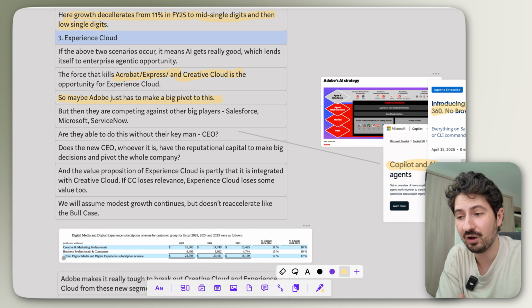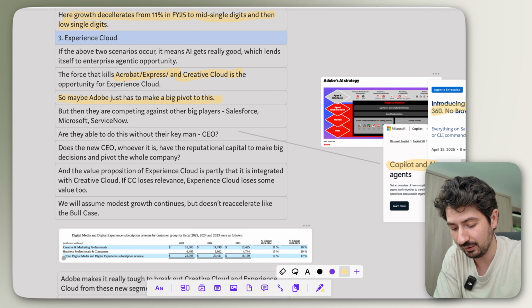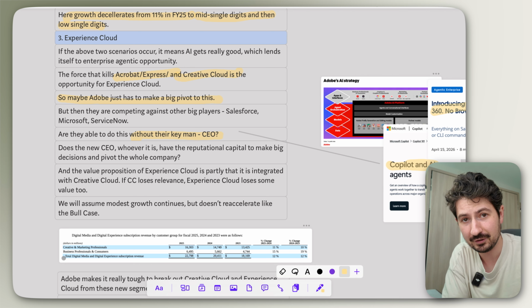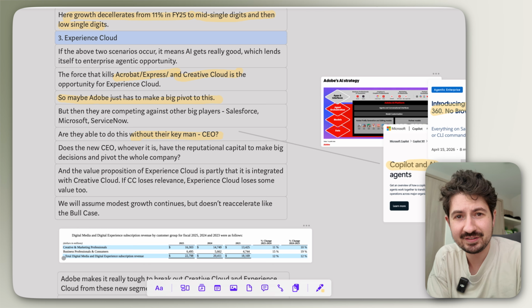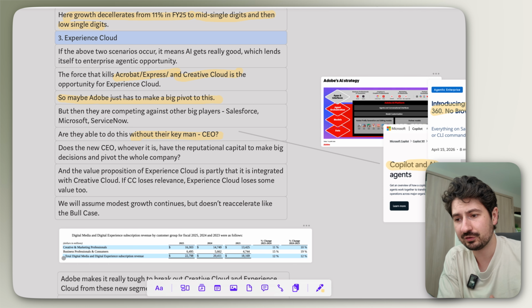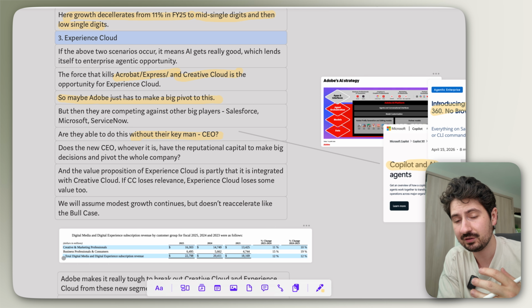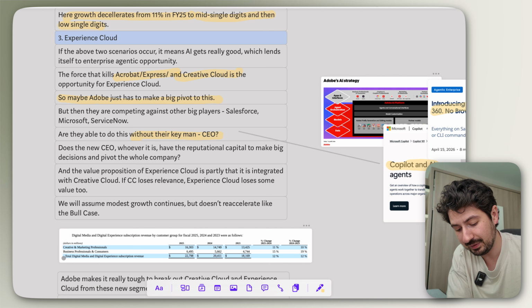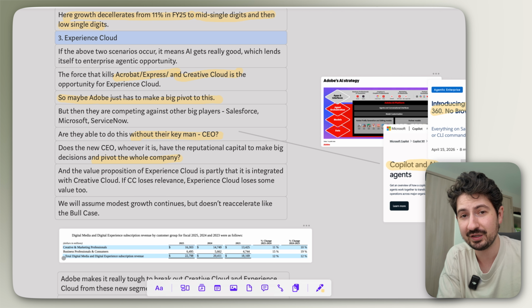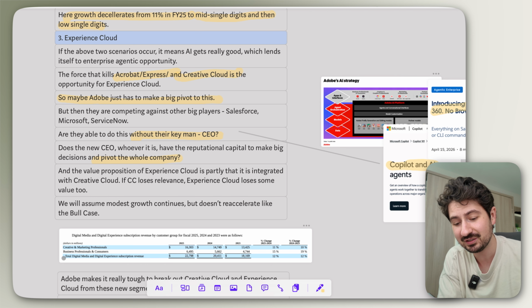And then finally, are they able to do this without their key man, their CEO, who's been the CEO for like 18 years? Is the new CEO, whether it's internal or external, going to have the authority and the reputational capital within the business to make the big decision to pivot the whole company from Creative Cloud to agent orchestration? I don't know.